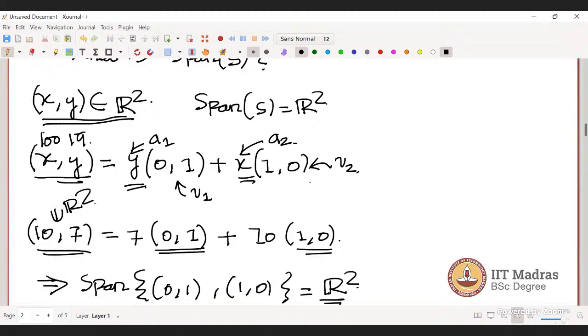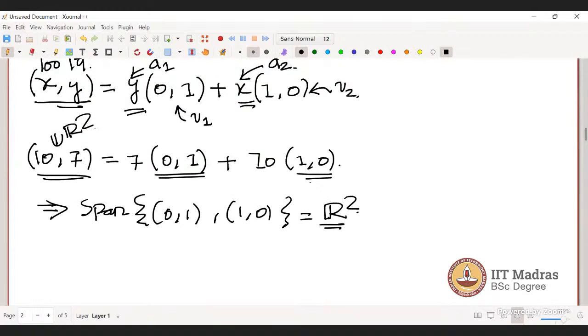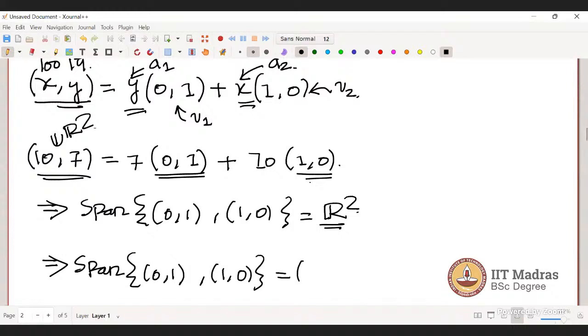No, when you say that (0, 1) and (1, 0) span (10, 7), that is not the right word. That statement means the span of this set is (10, 7), which is not correct.